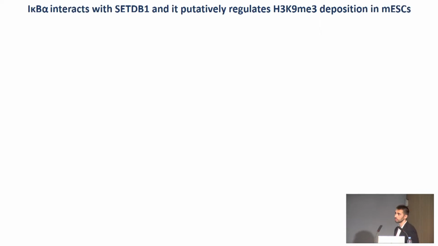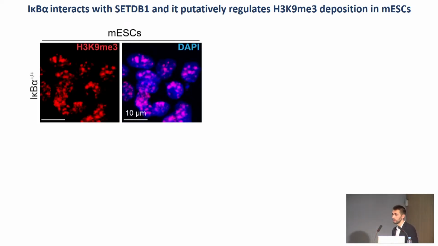Also, I was curious to continue studying this mechanism, and I did some immunostaining of the lysine 9 methylation mark in mouse cells, and as you can see here, in the wild-type mouse cells the mark is very well confined to specific regions. This is something expected because, as I mentioned before, this is a mark that at the pluripotency state is found specifically in highly repetitive elements, in retrotransposon elements, and also in imprinted genes.